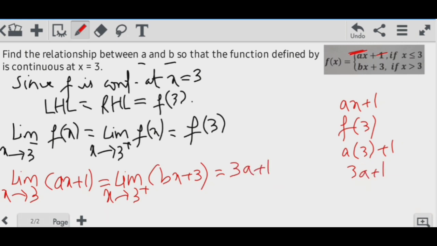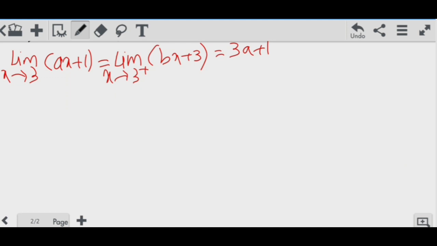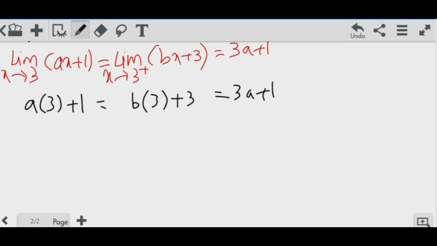When you solve this limit, you can substitute x is equal to 3 where you have x, so it will be a into 3 plus 1 is equal to b into 3 plus 3 is equal to 3a plus 1. So this could be 3a plus 1 is equal to 3b plus 3 is equal to 3a plus 1.